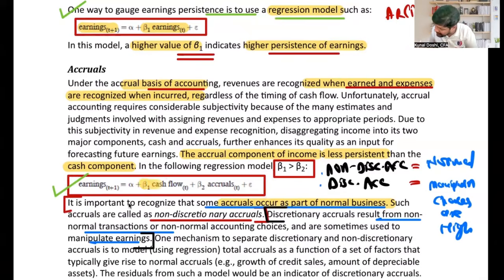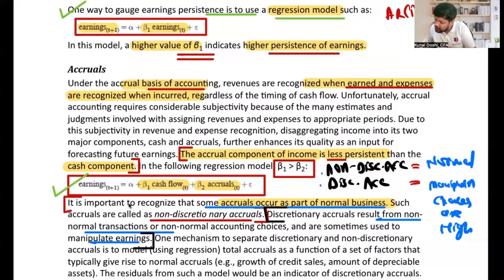Along with the current year cash flows and accruals, both are taken into consideration when it comes to earnings. The accrual component of income is less persistent than the cash component. This means beta 1, which is about cash flow, is more impactful than beta 2.